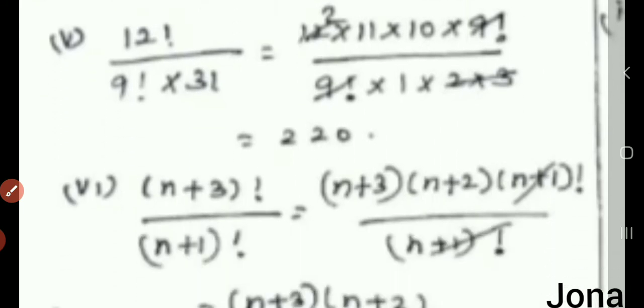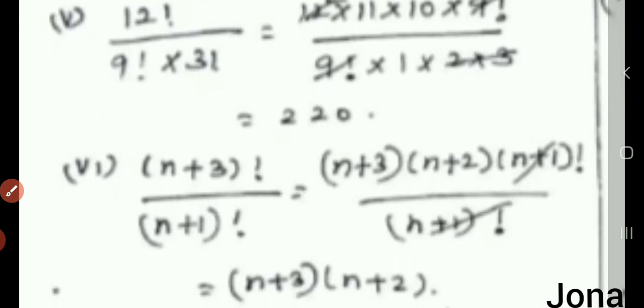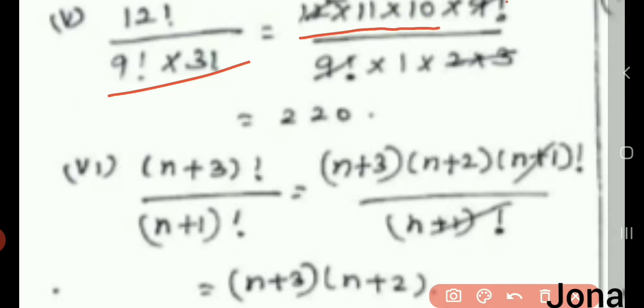And then the fifth one is 12 factorial divided by 9 factorial into 3 factorial. This 12 factorial we can write from 12 to 1 in product form, but we can stop at 12 into 11 into 10 into 9 factorial. No need to expand 9 factorial, because in the denominator also we have 9 factorial.